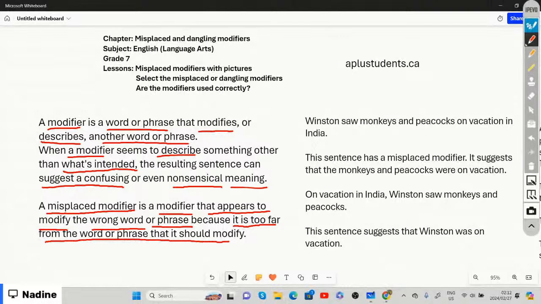For example, if we look at the sentence that says, Winston saw monkeys and peacocks on vacation in India. Sometimes you may think that the sentence sounds correct, because it indicates that you're on vacation, but actually this means that the actual monkeys and the actual peacocks are on vacation, not that you are on vacation.